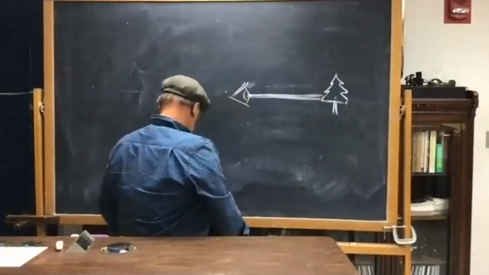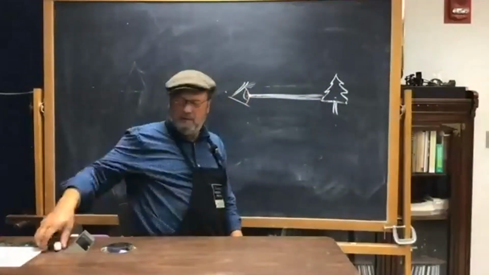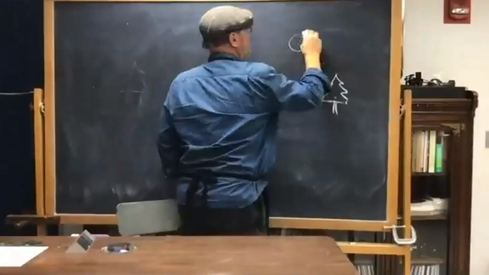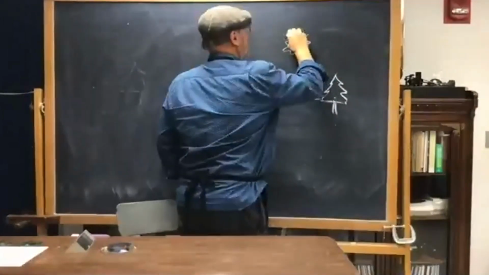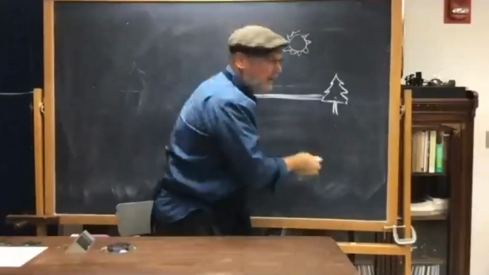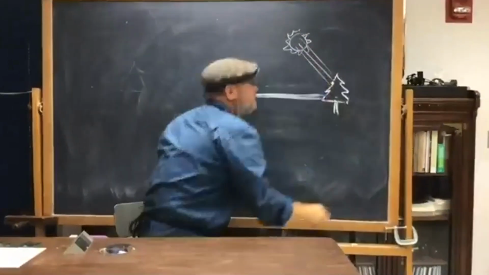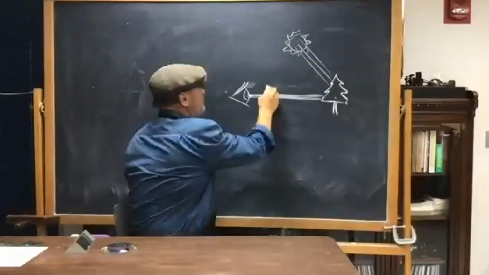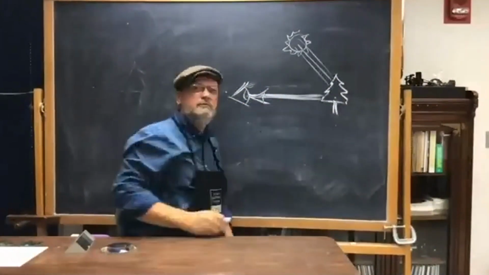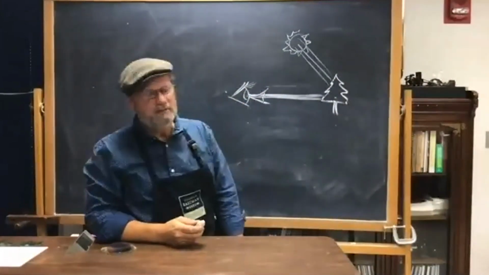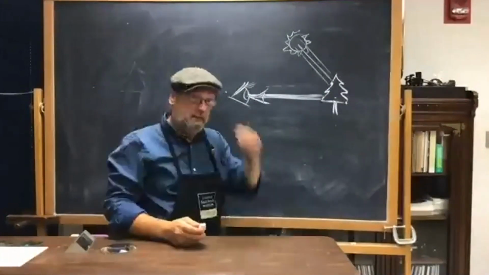So in this case, remove these, and I'll bring in some light. Okay, so there's light, and then light strikes the object, and it actually goes into the eye, which is where we are right now. We still believe that.